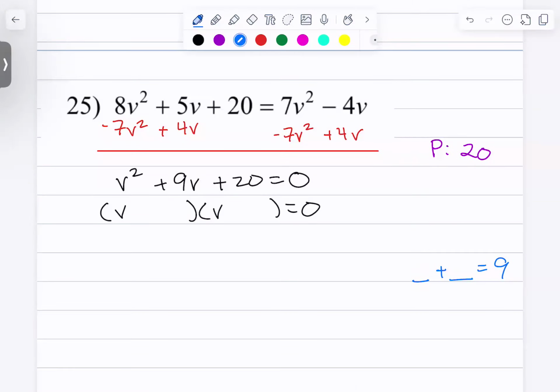Okay. So 20 is plus or minus 1, plus or minus 20, plus or minus 2, plus or minus 10, plus or minus 4, plus or minus 5.